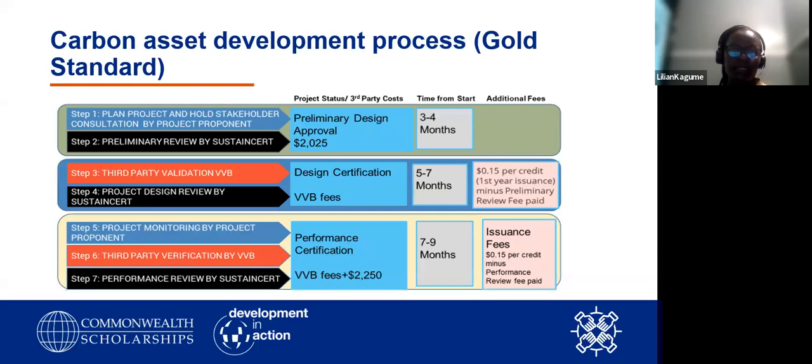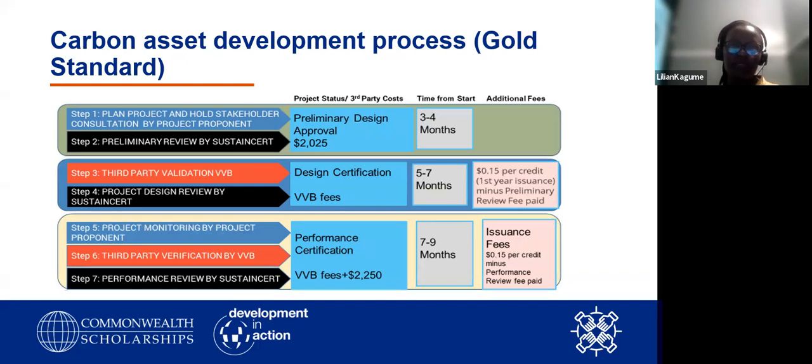And once completed, the validating body will issue a validation report that goes to the Gold Standard for what we call design review. The cost for doing a design certification is 0.5 per credit. So at this stage, we do the ex-ante emission reduction calculation.